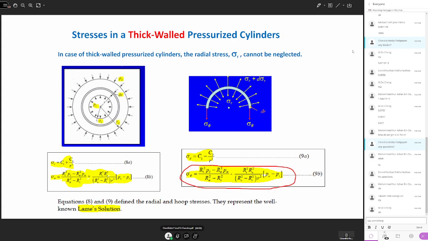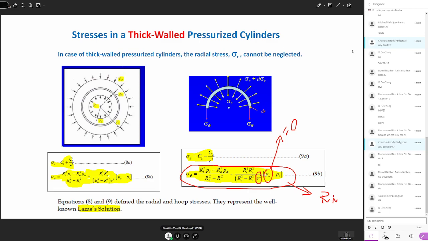Now in this formula, instead of R, we substitute Ri, and instead of P naught, we substitute P naught equal to 0. Then this tangential stress becomes sigma theta maximum.